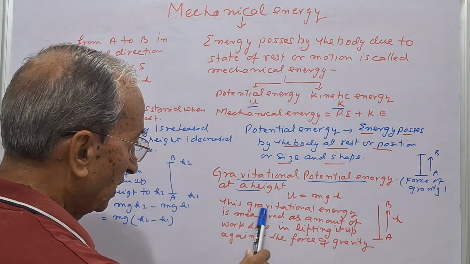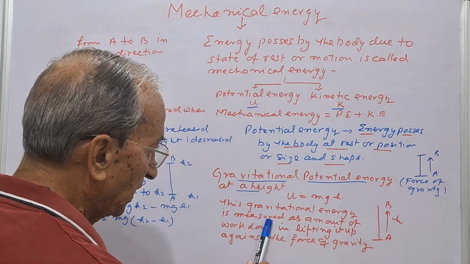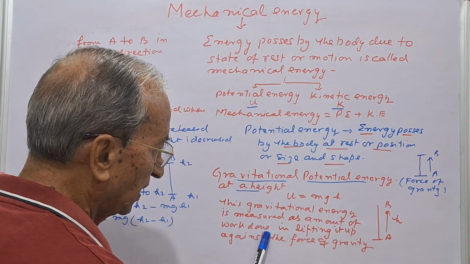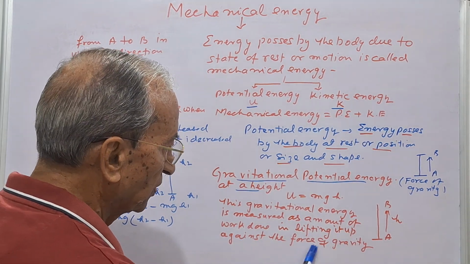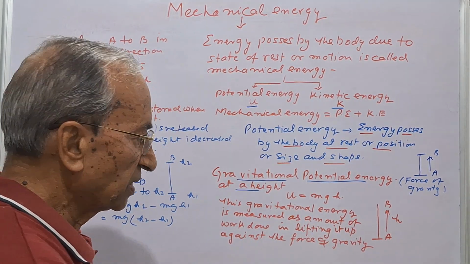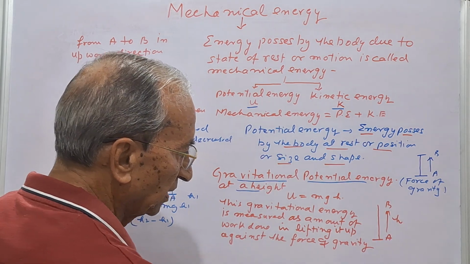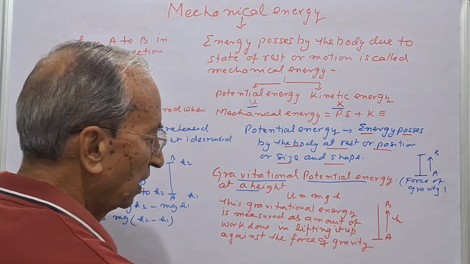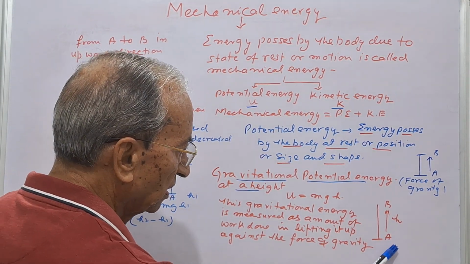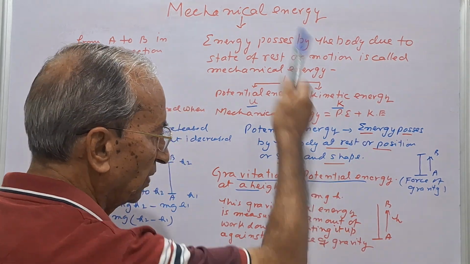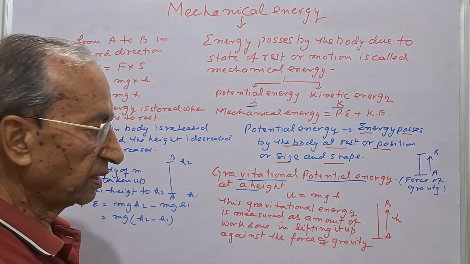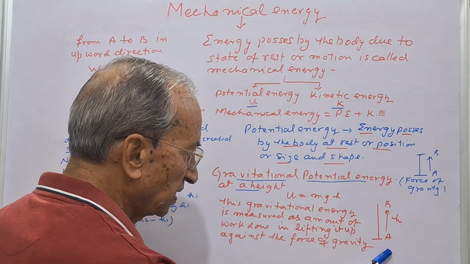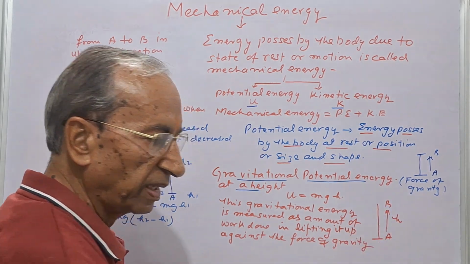So the gravitational potential energy is measured as the amount of work done in lifting it up against the force of gravity. Again listen. A is on the ground and we throw an object upward. And we know the force of gravity always attracts objects in the downward direction.